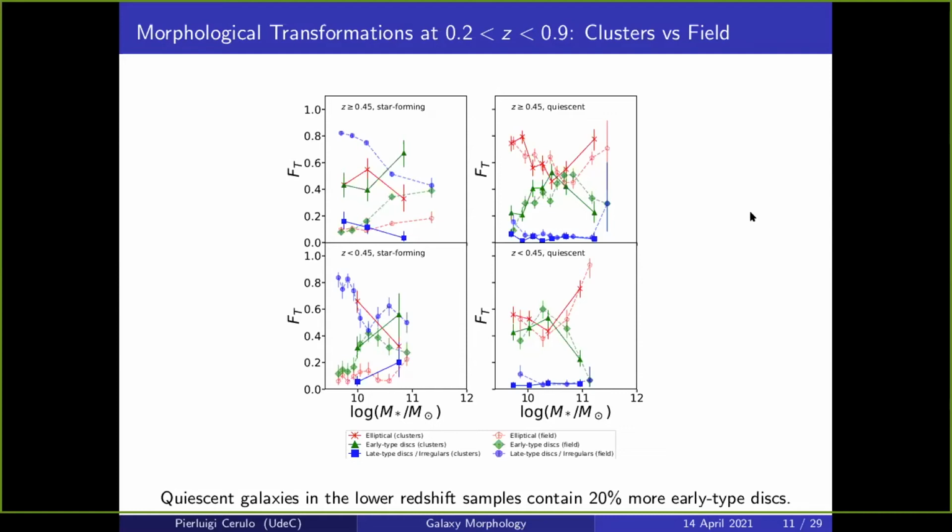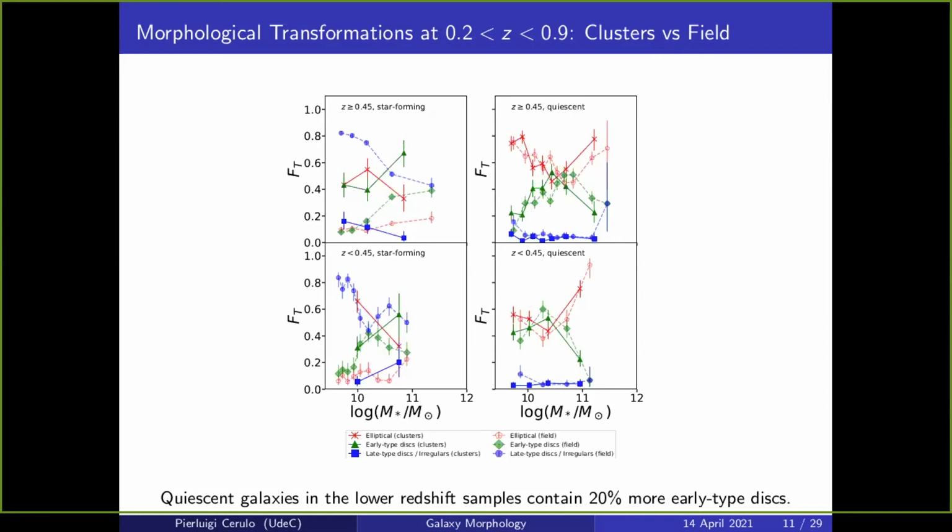There are two things that you can see here. If you go from high to low redshift, you can see that there is an increase at low stellar masses, between 10^9.5 solar masses and 10^10.5 solar masses, in the fraction of early type disks. And this happens in both cluster and the field. So in both the clusters and the field, there is an increase of quenched early type disks.